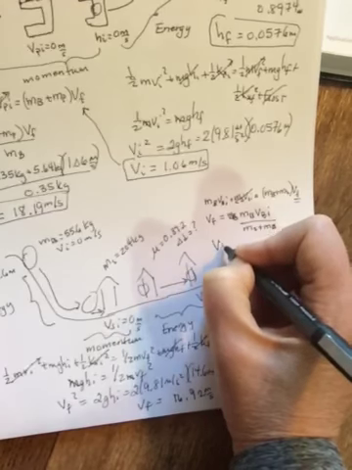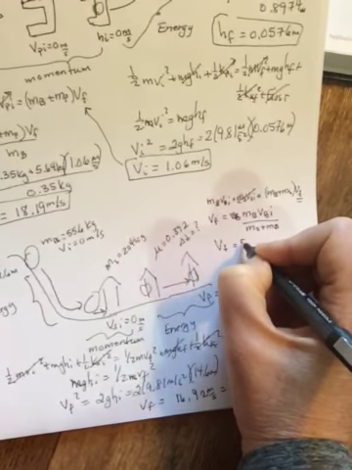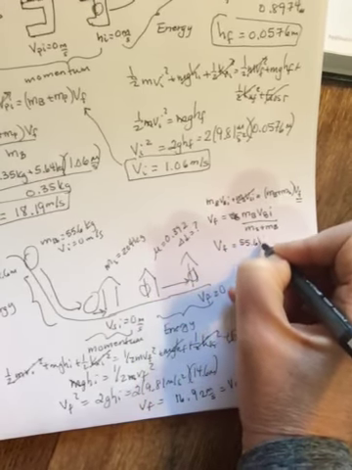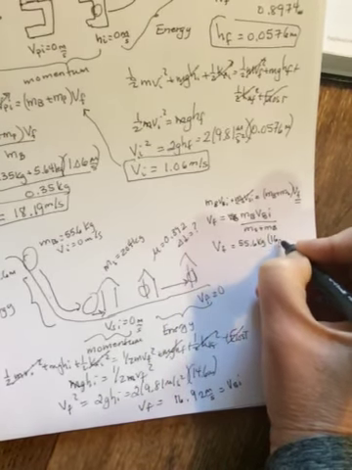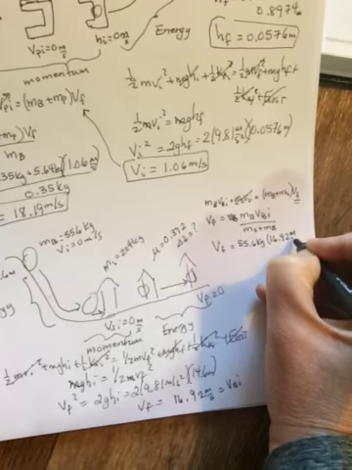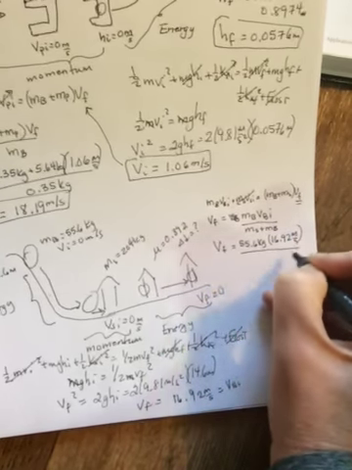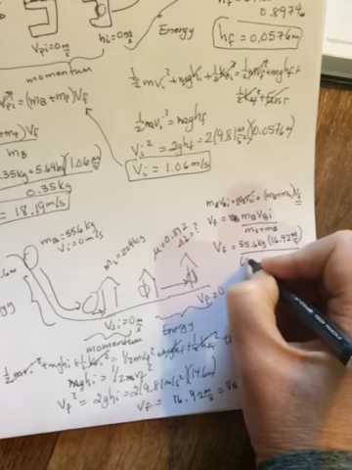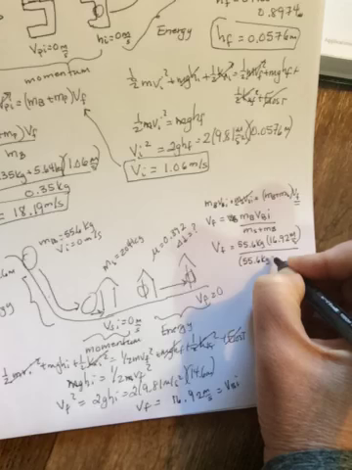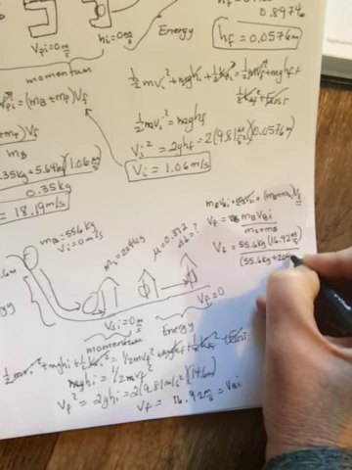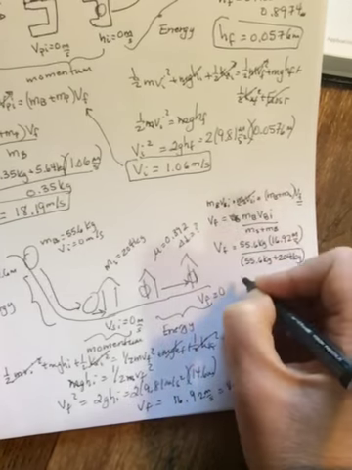So V final equals, the boulder was 55.6 kilograms. The velocity we found was 16.92 meters per second. And the two masses, 55.6 kilograms plus 204 kilograms.